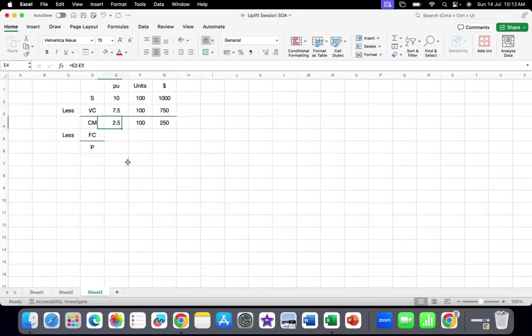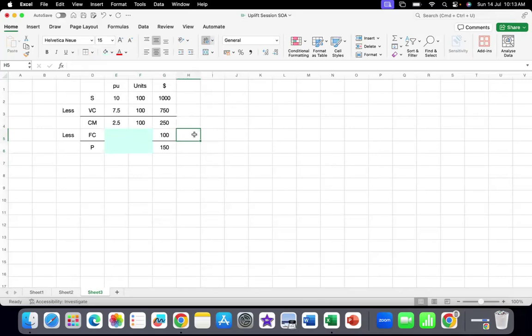So just make sure you learn this kind of a statement. And fixed cost was 100 in our question, and the profit comes to this much. Specifically, this has been kept empty.